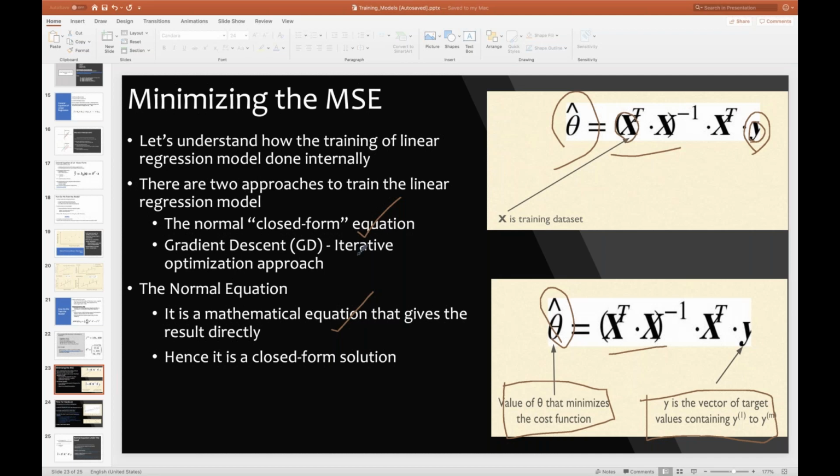The next one is the gradient descent approach, which is the iterative optimization approach. So when you're talking about the normal equation, you need to understand the x, y, z of the normal equation. When you're talking about gradient descent, you need to understand the x, y, z of gradient descent. Now let's jump into that one. Hope you are understanding that I'm trying to connect each and every dot that came in our first use case.